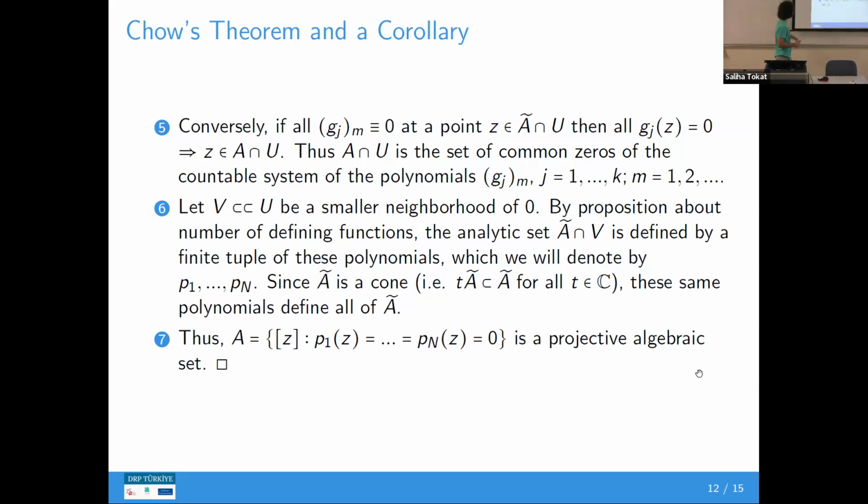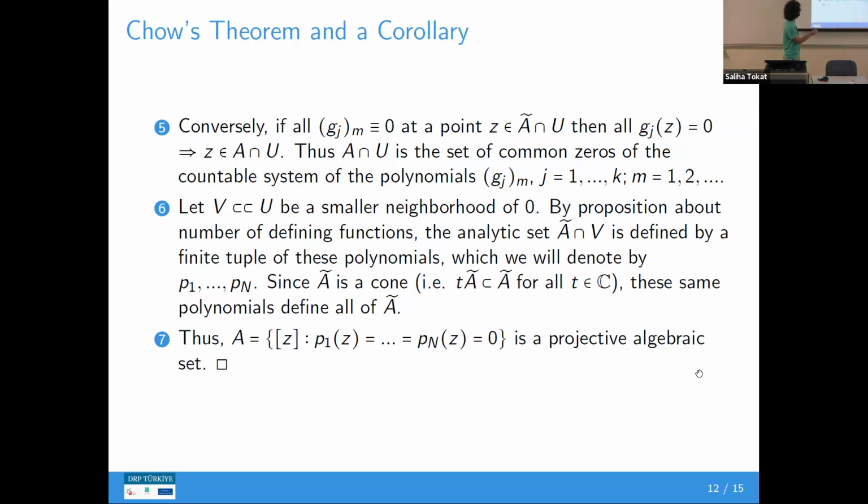So we replace the g_j's by these homogeneous coefficients, but we have a problem. We have infinitely many coefficients, so we need to use the finite number of defining functions theorem. But that theorem works for a complex ambient space, so we need to shrink our neighborhood a little bit more.